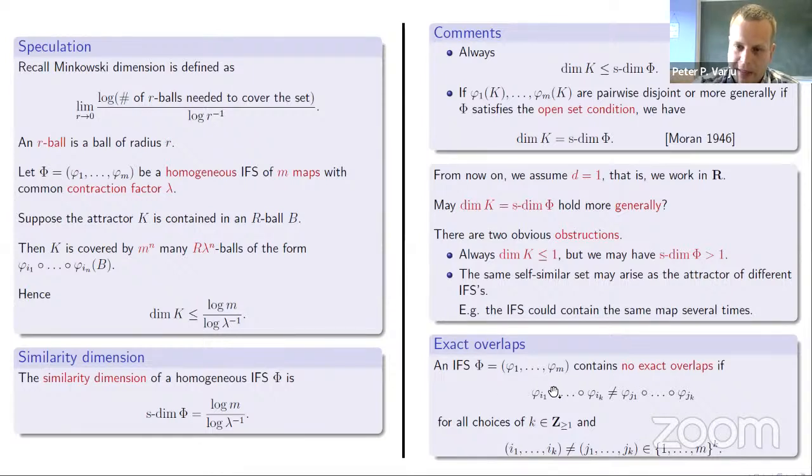I say that my iterated function system contains no exact overlaps if the following holds: when I look at all the compositions of k maps, where they don't have to be different, you can take the same map several times in this composition if you want, this way you can create m to the k maps, and if they are all different for all values of k, then I say that my iterated function system contains no exact overlaps.